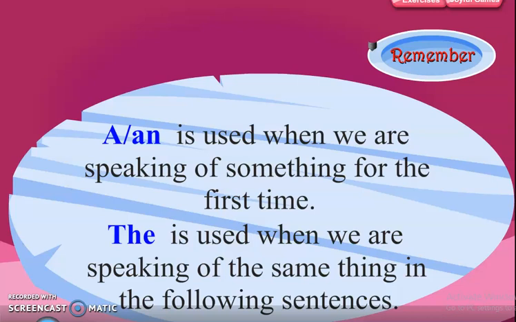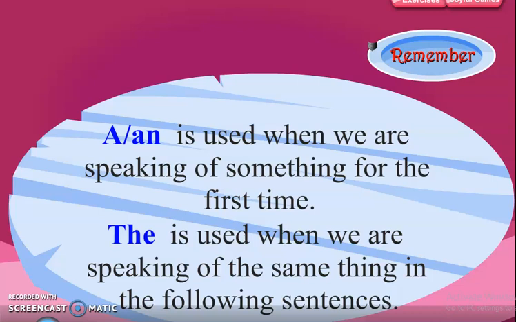So, now here, always remember a and an is used when we are speaking about something for the first time. जब हम पहली बार किसी के बारे में भी बात करें, चाहे वो चीज है या इंसान है, then we will use a or an according to the word. Or the is used when we are speaking of the same thing in the following sentence. अगर दोबारा हम उसी चीज या इंसान के बारे में दूसरी बार बात कर रहे हैं in a particular sentence, then only we will use the.